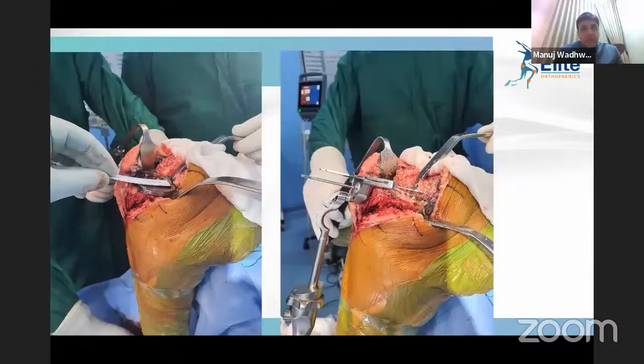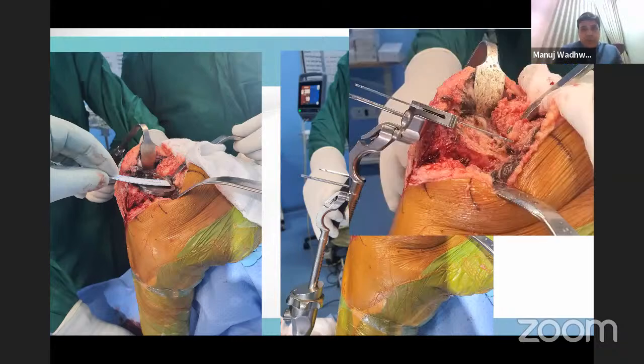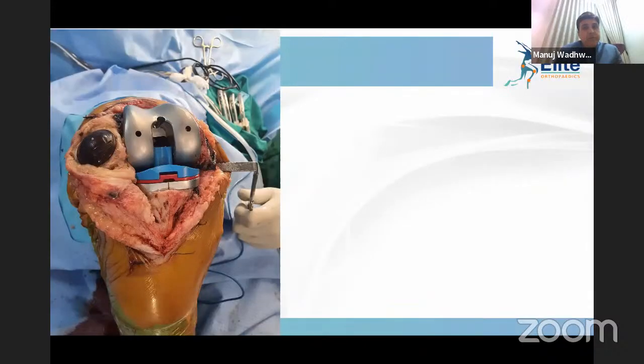As you can see out here, on the right picture is my saw blade showing in, and she had an excessive amount of tibial posterior slope in her index surgery, which when corrected, we were able to resolve the majority of the issues. This is what I'm trying to illustrate as one of the probable reasons why she failed initially in her index surgery.